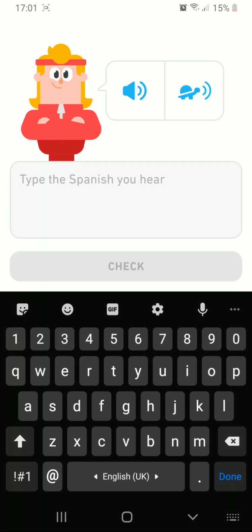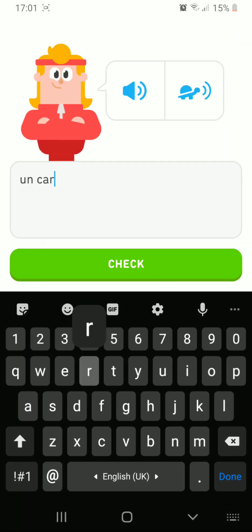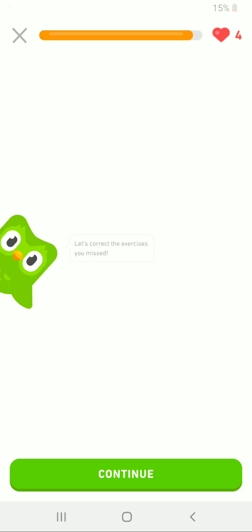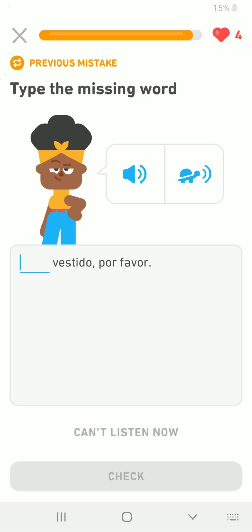Un carro y una bicicleta. Un carro with double R. Bicicleta. So it's good. Ese vestido, por favor.